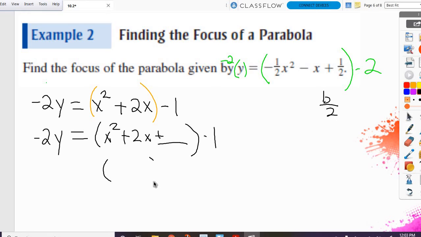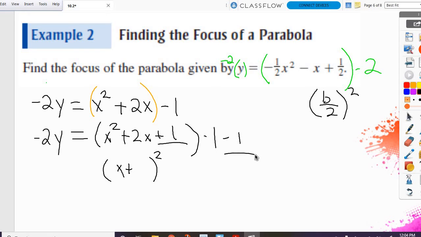So remember, in the end, my something, or whatever I'm trying to find, is this number right here, and this times itself has to give us that. So in our case, b is 2, so b divided by 2 gives us 1. 1 squared is 1. But what do we also have to do?